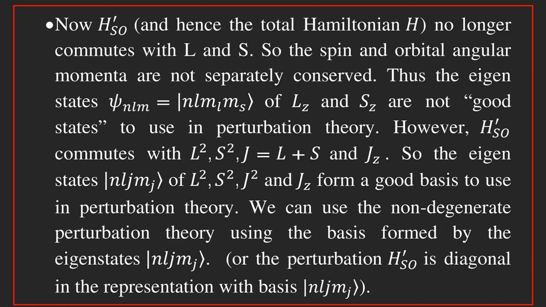The total Hamiltonian H includes both the main Hamiltonian H0 plus the spin orbit interaction Hamiltonian H dash of SO. If H dash of SO is not commuting with L and S, then the total Hamiltonian is also not commuting with L and S. So the spin and orbital angular momenta are not separately conserved, because L and S separately do not commute with H dash of SO.